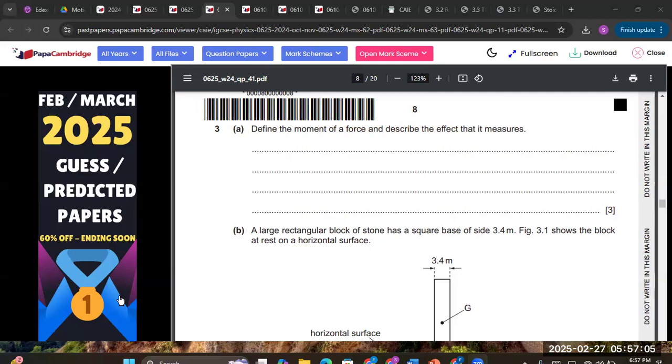Yes, force into perpendicular distance from the pivot. And the moment of force, it'll determine how a force can cause the object to rotate. Rotate or turn. Yes.